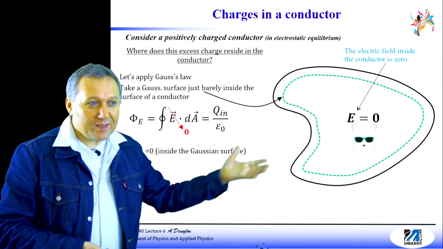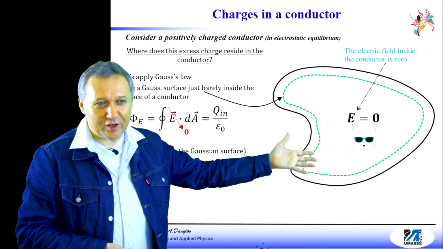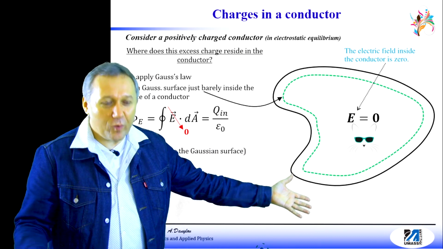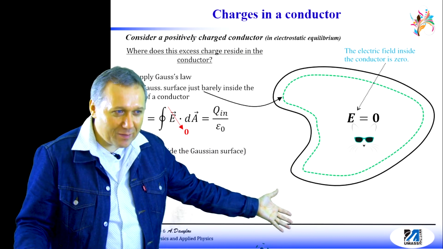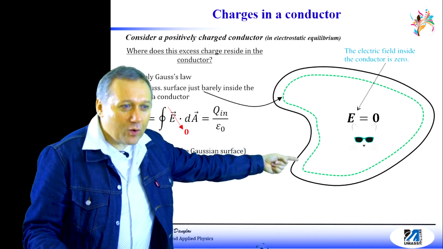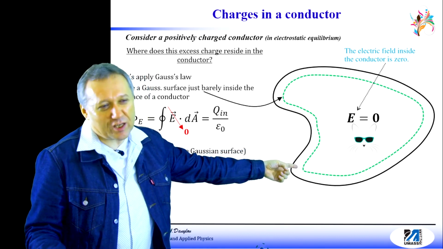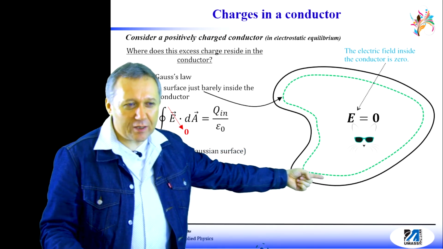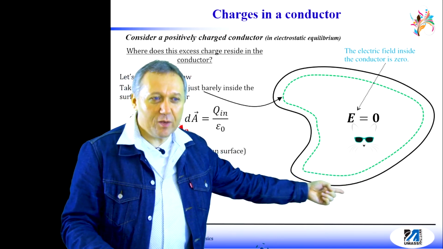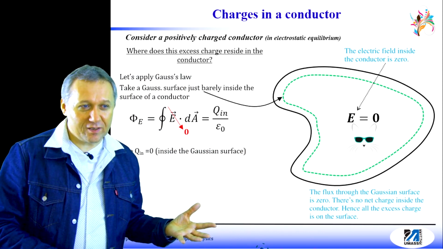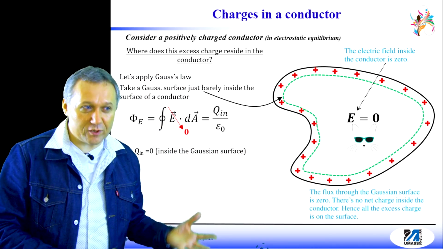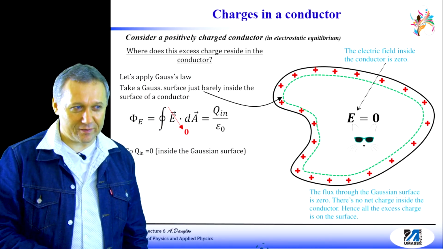So now, if it's impossible for that excess charge to be inside of the conductor, where else can it be? There's only one place left for it to exist: on the surface, just outside of our Gaussian surface. So pretty much all that positive excess charge can be only on the surface of the conductor.